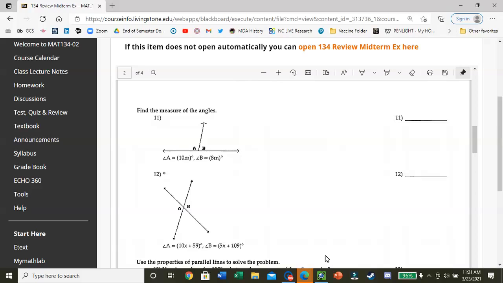Well, let's look at this. These two angles are what kind of angles in relation to each other? You have A and B, right? Angle A equals 10M. Angle B equals 8M.